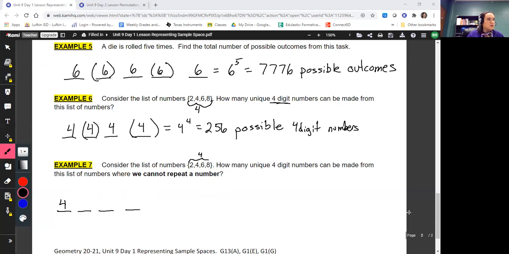Say on that draw, we drew a 2. So we only have 2 numbers left to choose from. And say we drew the 8 on that one, and we have 1 number possible left to choose from. So we've got 4 times 3 times 2 times 1. 4 times 3 is 12, times 2 is 24, times 1 is also 24. So we've got 24 possible 4-digit numbers.